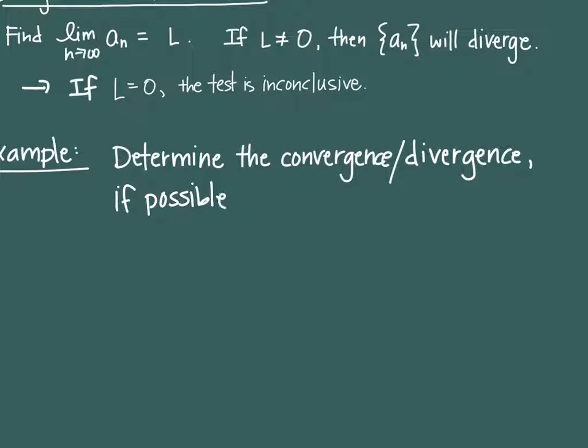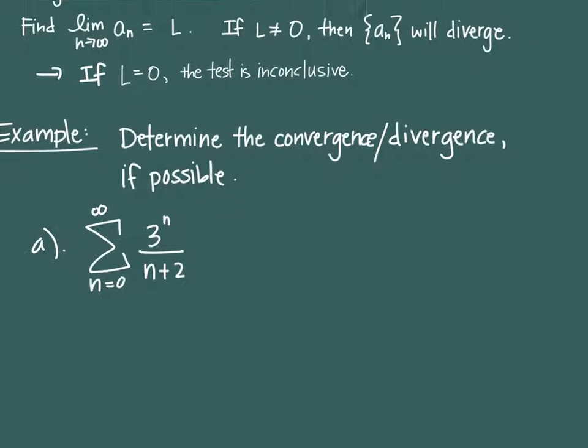All right, so our first example is looking at the sigma of 3 to the n over n plus 2 as n goes from 0 to infinity. Will this converge or diverge? We're going to use the test to check its divergence.